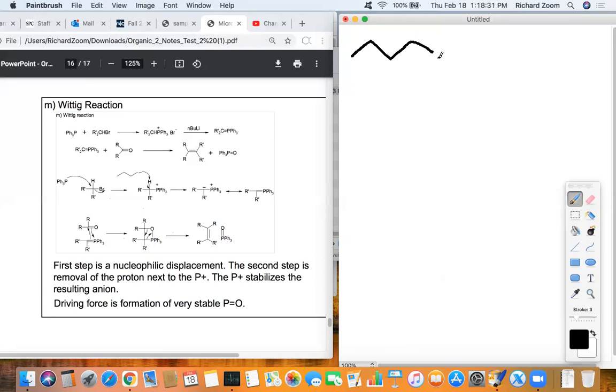So this would be an example of that. Ph is the phenyl group, or the aromatic ring, right? So that can react and form this kind of compound.